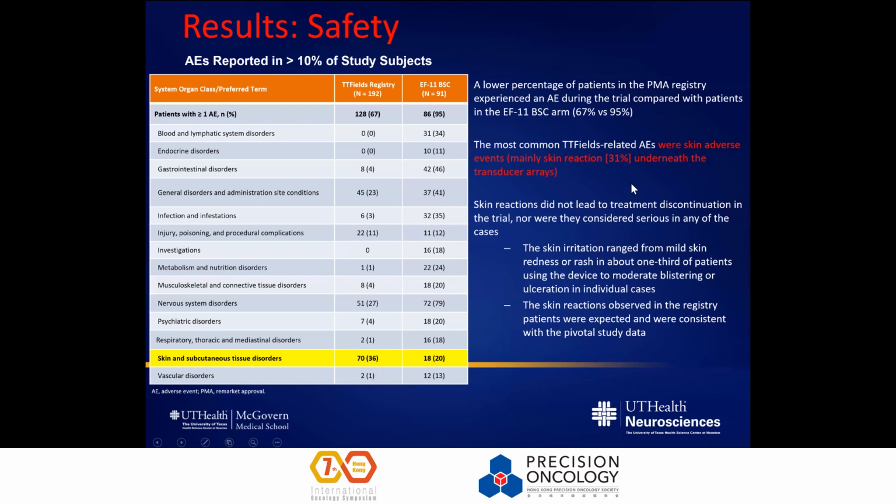The skin side effects are not severe enough to cause discontinuation of participation in the trial, and most of them are reversible if the patient takes some time off from using the TTF.